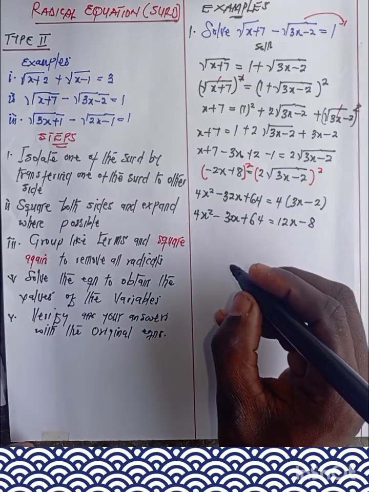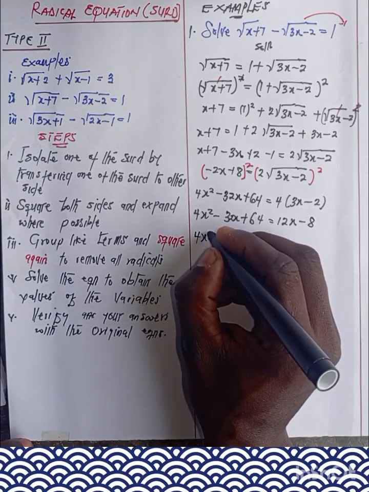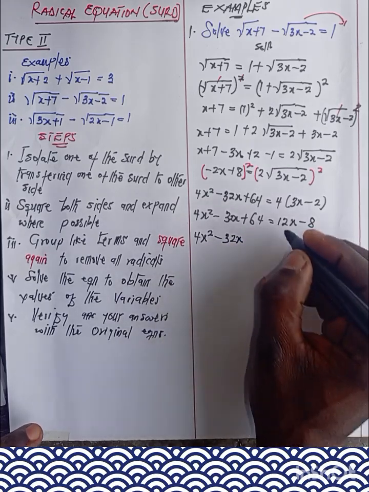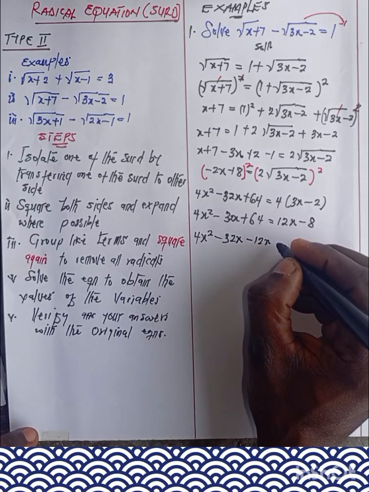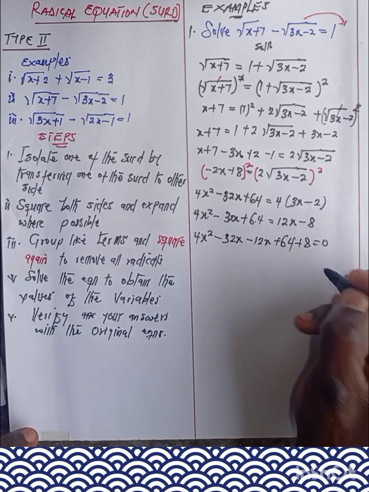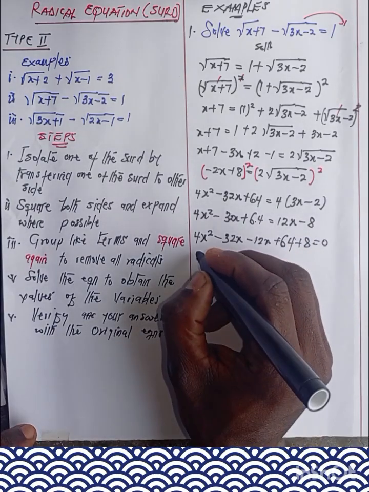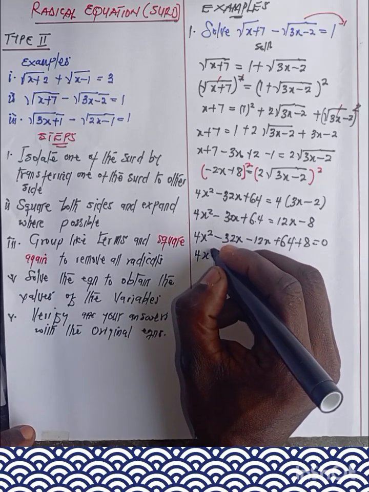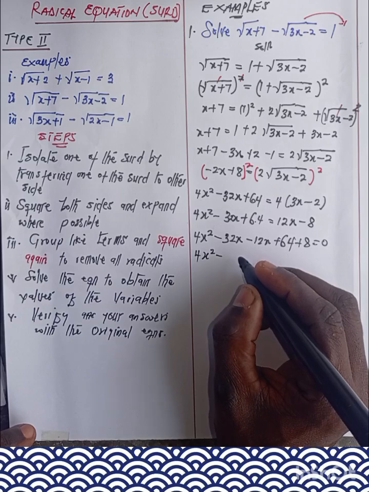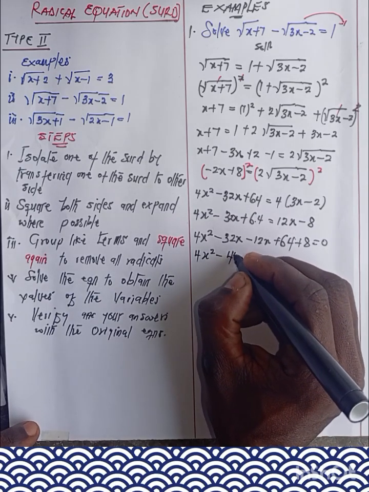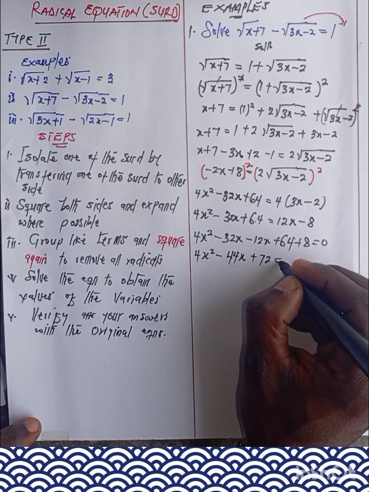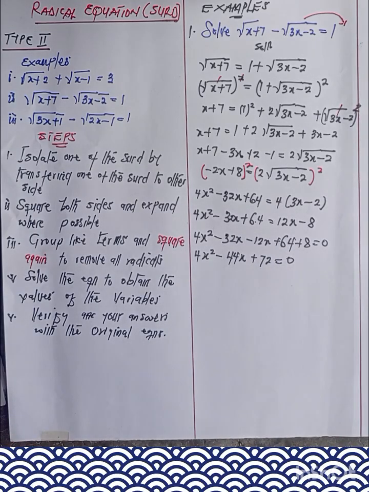So when you group like terms, we are getting 4x squared minus 32x minus 12x plus 64 plus what? 8 is equal to 0. So we have 4x squared minus, this will give you 44x, right? Plus 72 is equal to 0.